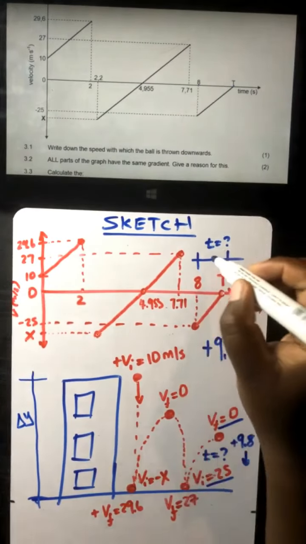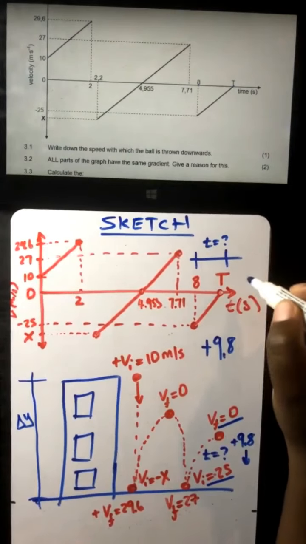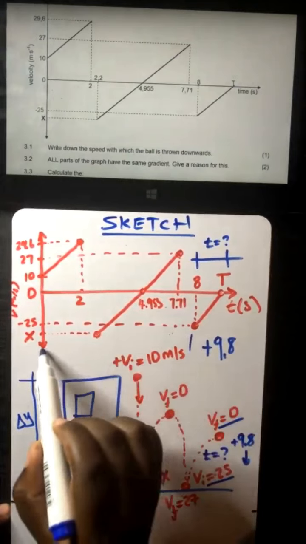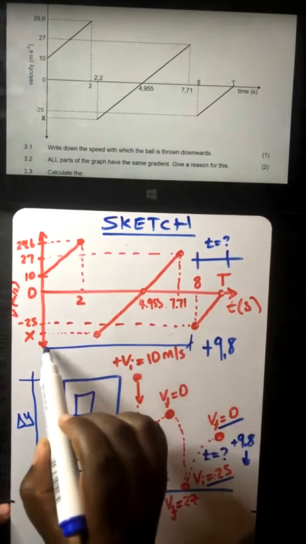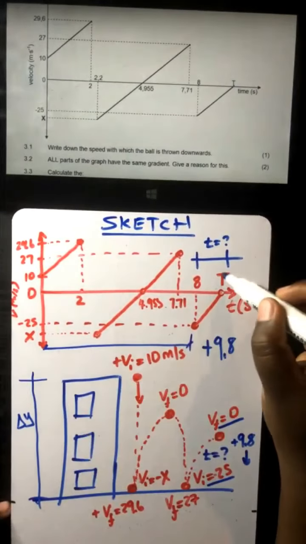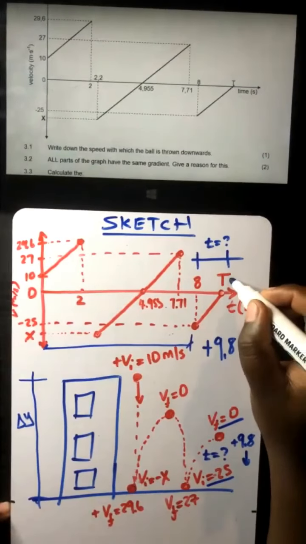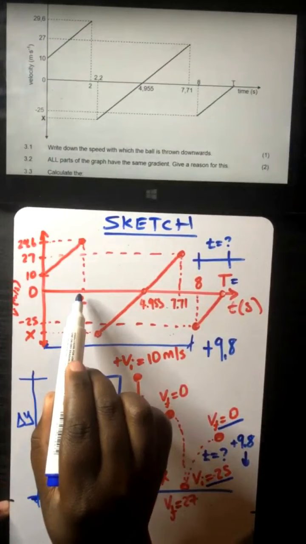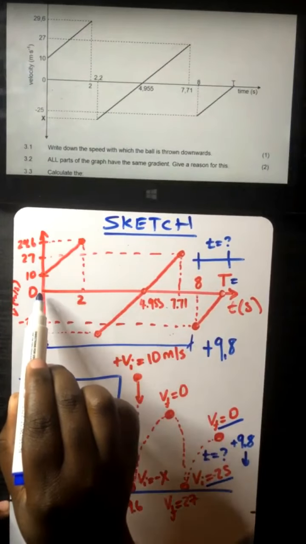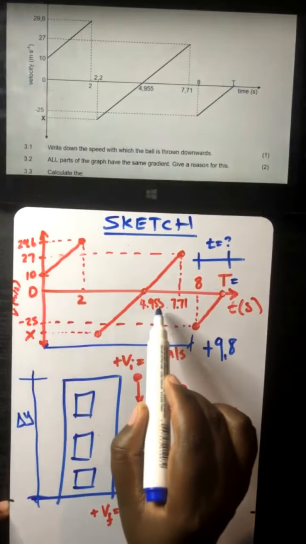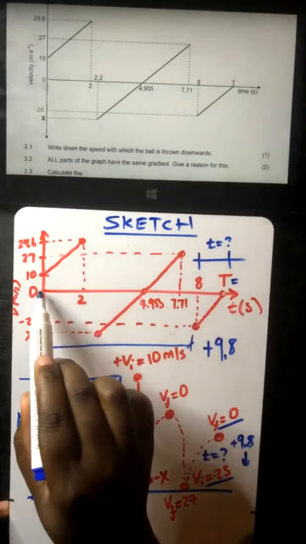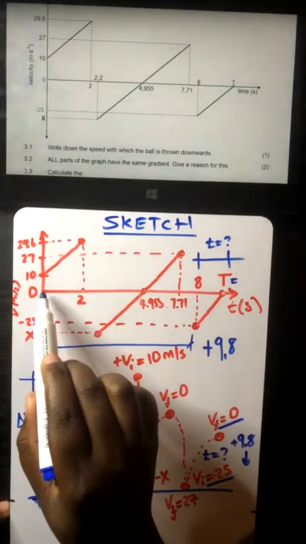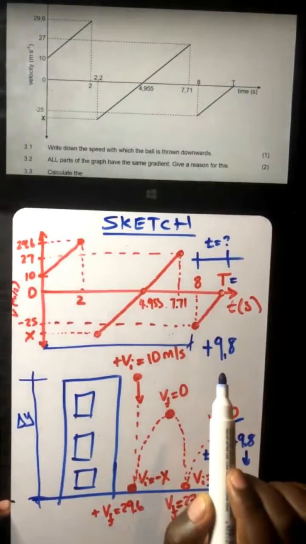Then as soon as I know it's 2 seconds or whatever time it is, I am forced to add it with all of that time. Why? Because t is not 2 seconds, since from there to there is 2 seconds, then from there up to there is 4.99, from there to there it's 7.71, from there to there it's 8 seconds.